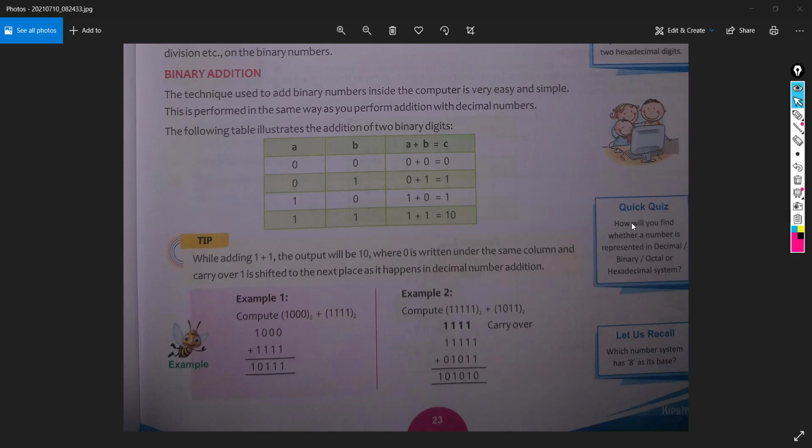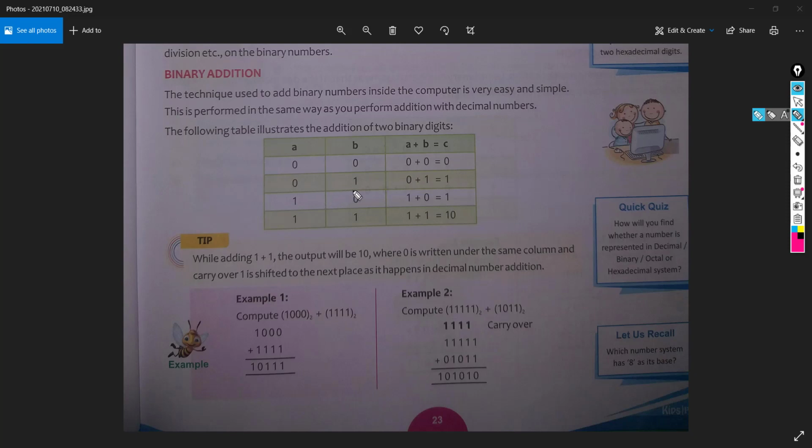Here you can see a table showing how to add 0 and 0, 0 and 1, 1 and 0, and 1 and 1. When we add 0 and 0, the result will be 0.